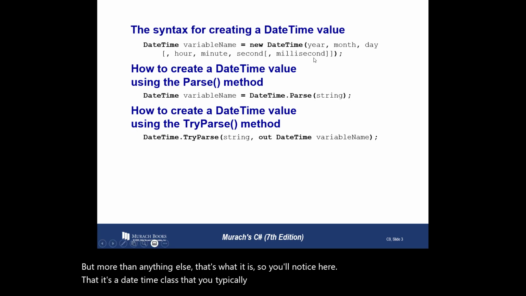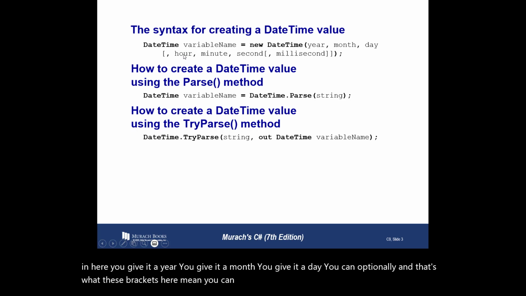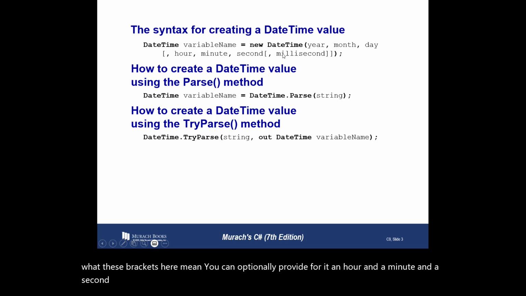With DateTime, you give it a year, a month, a day. You can optionally, and that's what these brackets here mean, provide an hour, a minute, and a second. I have never also provided a millisecond, or a thousandth of a second, but you can do that also.